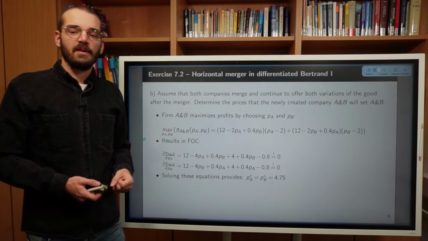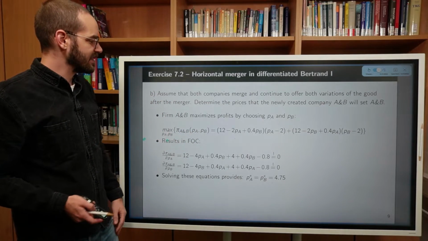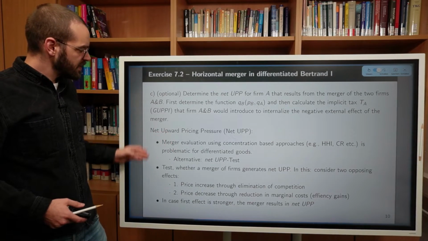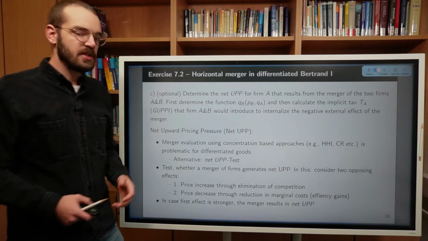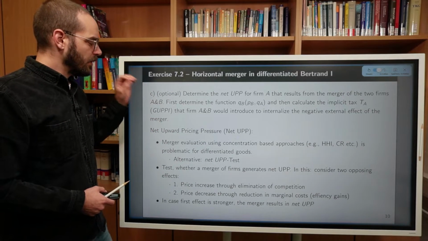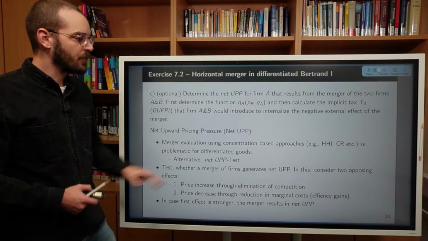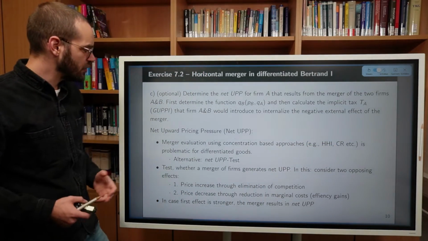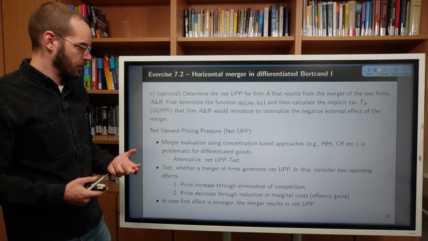This is of course what we want to analyze in this third and final task C of this exercise. So let's have a look at this. First, let's talk about net upward pricing pressure, or net UPP. In previous weeks, we relied on concentration-based approaches like the HHI or the concentration ratio in order to evaluate the effects of a merger on competition.